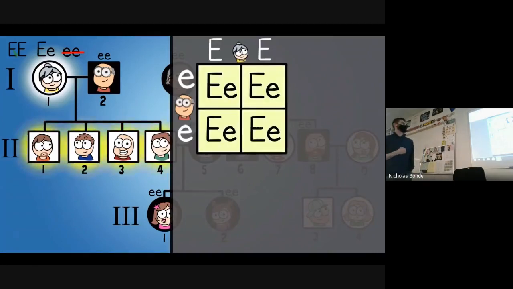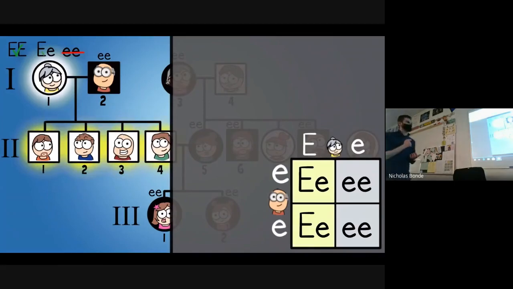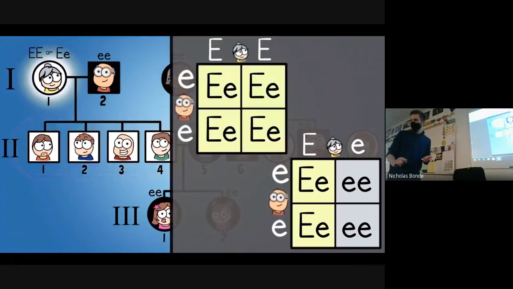Yes, all the offspring could get a big E from her and a little e from my grandfather. But what about big E, big E? Would that work too? Yes, because the children could still get a big E from her and a little e from my grandfather. It may be less of a probability, but it's possible, and therefore we must list both, that she is a big E, big E or big E, little e, because we don't know.